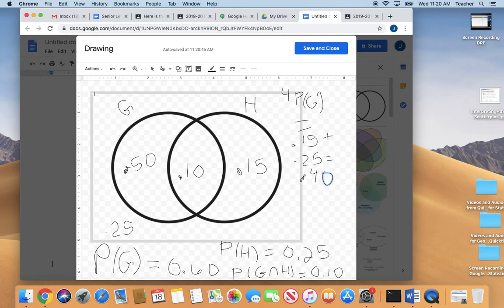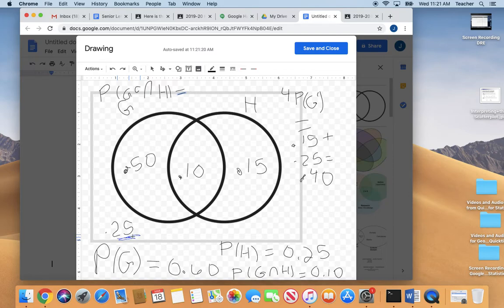So then number 5 asked me for the probability of G complement and H. So G complement and H. So remember, we talked about not G was this 0.15 here and this 0.25 here.